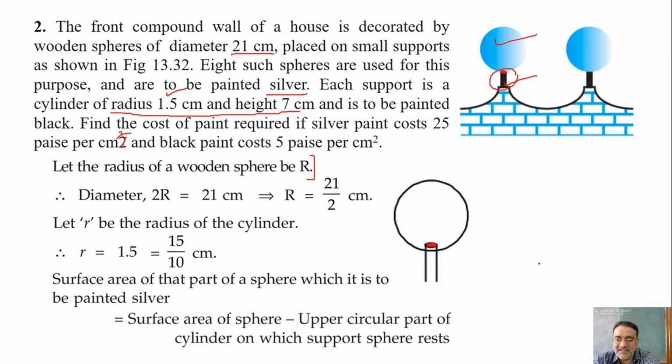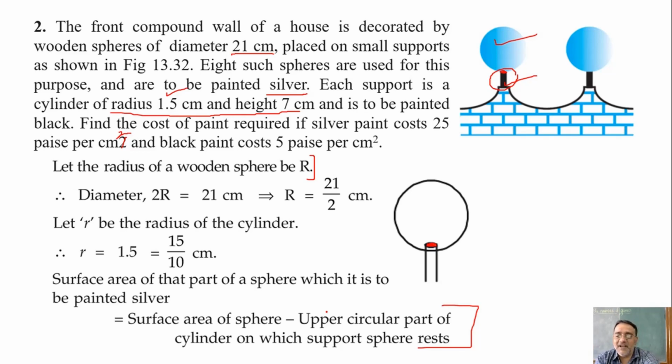So total surface area of sphere minus the upper circular part of the cylinder on which the sphere rests. Is this clear? Yes, sir.